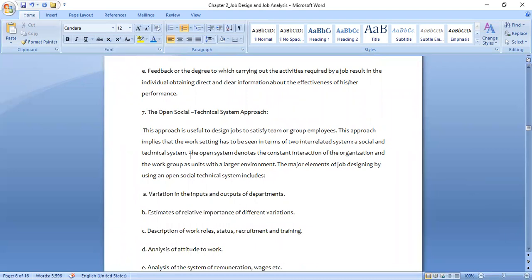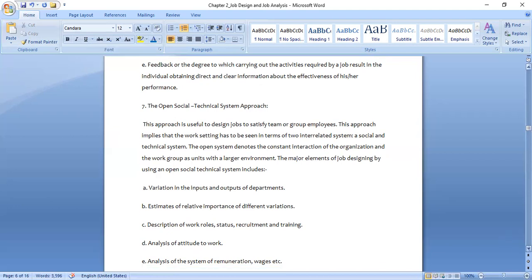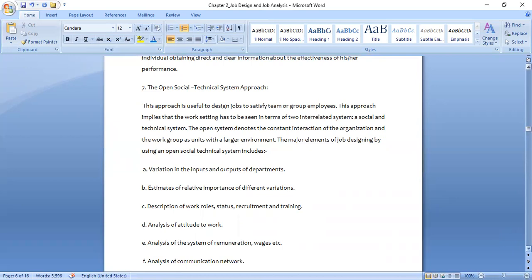Then another approach of job design is what we call the open socio-technical system approach. In this approach, to be precise, it involves making sure that the job design aims at bringing about satisfaction for the group of employees.